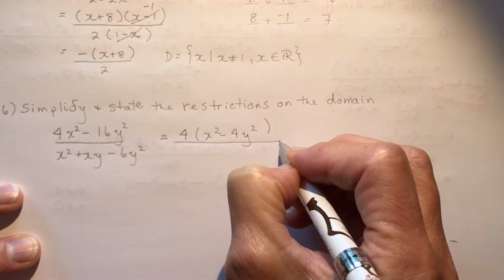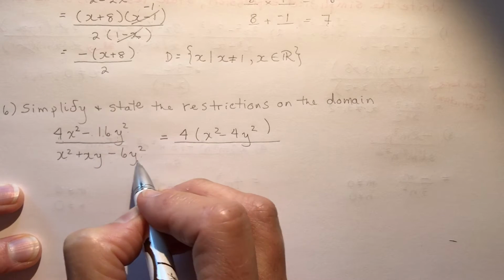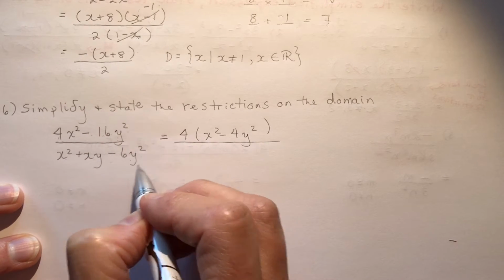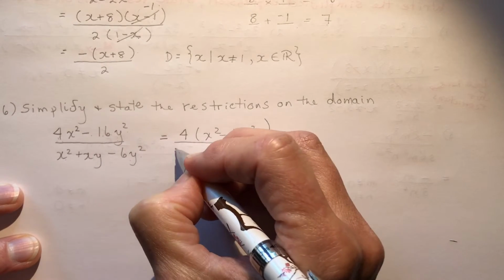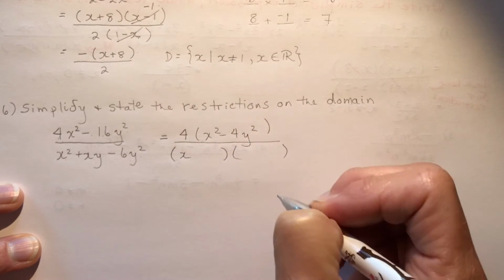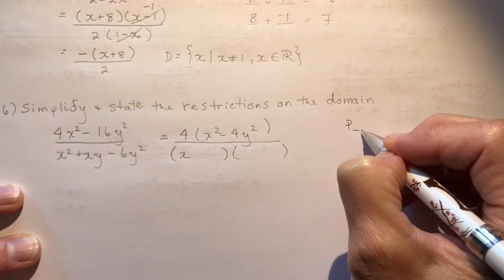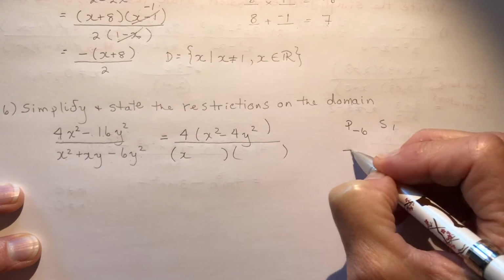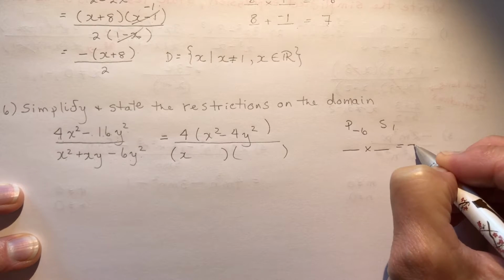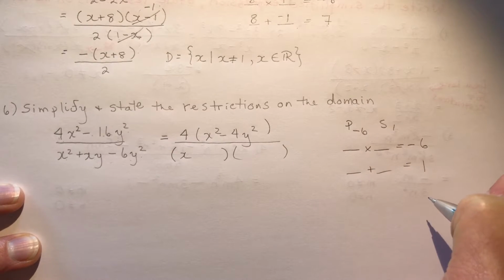And in the denominator, so this is one of those, it's a simple trinomial, but there's a y in it. So you remember that that just means we're going to have x and y's in each of these brackets. So I've got a product of minus 6 and a sum of 1. Two numbers that multiply to give me negative 6, same two numbers add to 1.